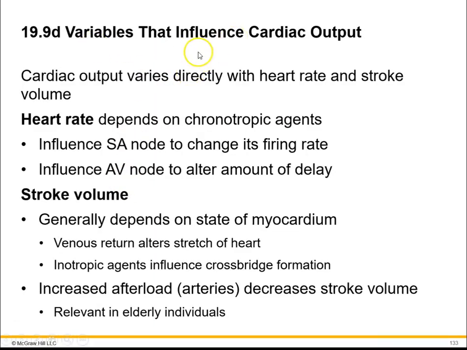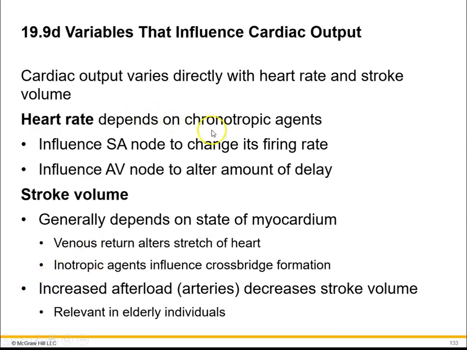And finally, variables that influence cardiac output. Remember, cardiac output only varies with heart rate and stroke volume, and it varies directly. So an increase in heart rate is generally going to result in an increase in cardiac output. An increase in stroke volume is going to result in an increase in cardiac output.